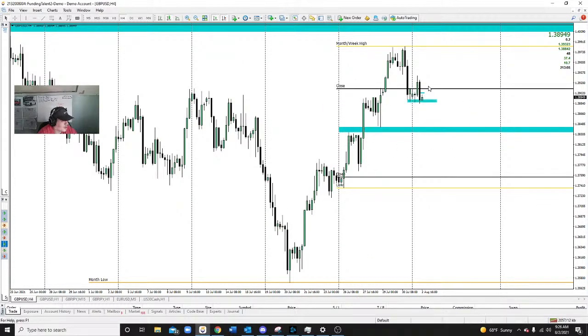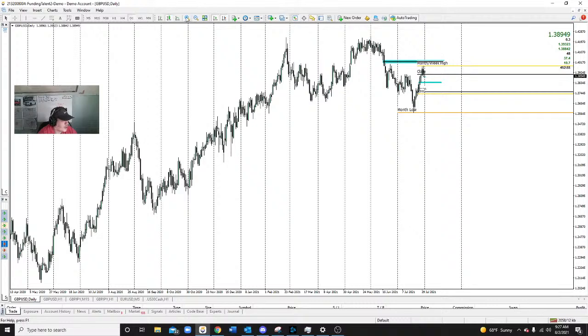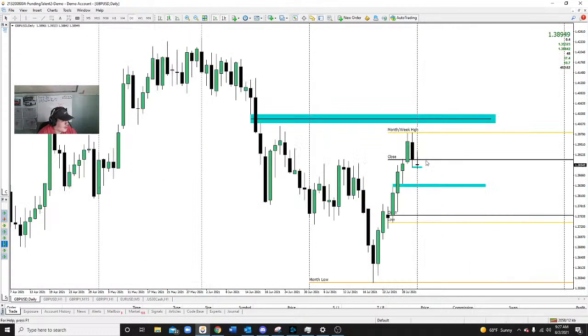Kind of wanted to pull back down to here, and then attack this daily gap here. And if we look at the daily, we would get this pullback here and then continue higher. We would kind of get that inverse head and shoulders look, where you have the left shoulder, the head, the right shoulder, to continue bullish.